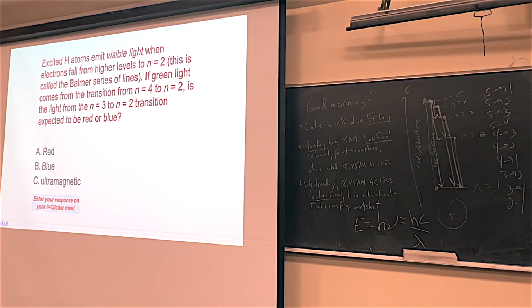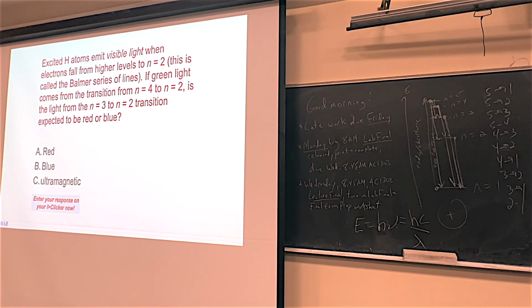Now, here's a question to make you think a little bit more about all this stuff too, all right? We've got two transitions, an n equals 4 to 2 and an n equals 3 to 2. The question is what color the 3 to 2 transition will be. The 4 to 2 is a green light transition. So will the 3 to 2 transition be red or blue?